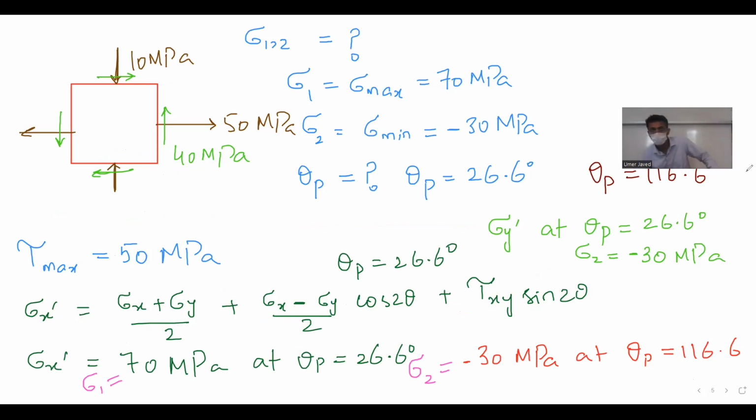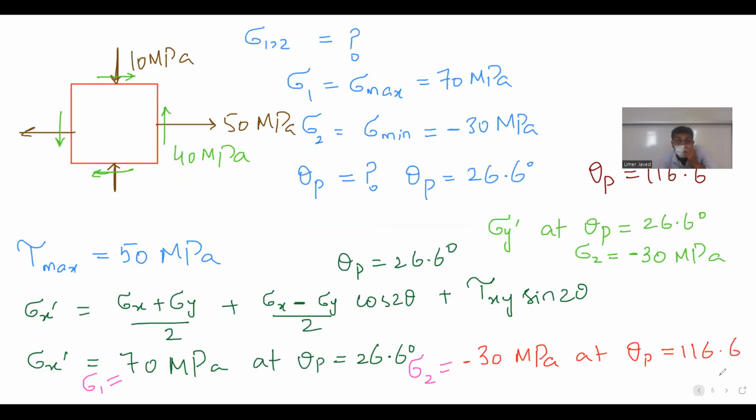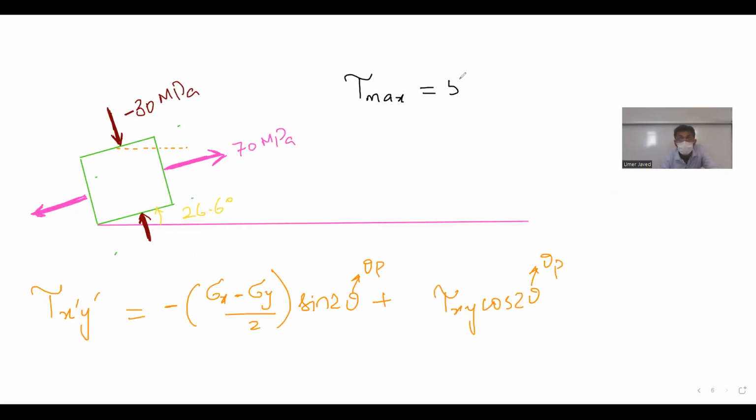I apologize. Sorry. Give me. You got it. Tau max. Did we find tau max? Very good. He's right. Tau max is equal to 50 megapascal.